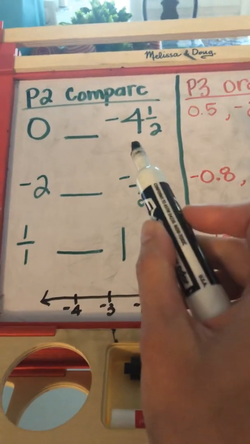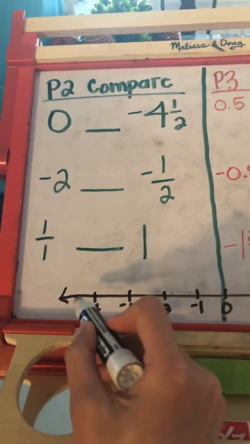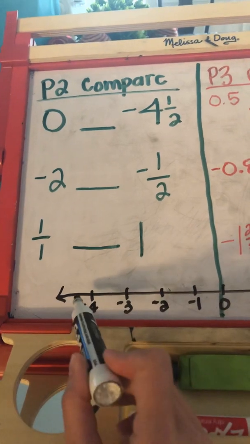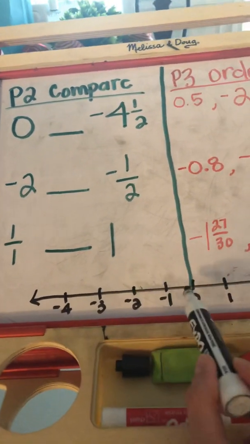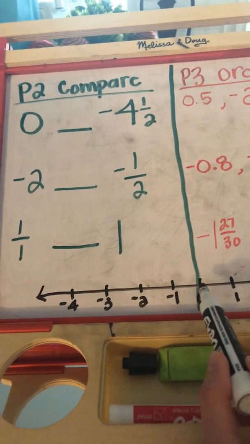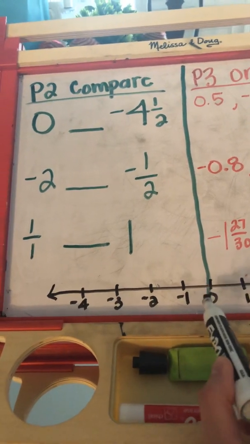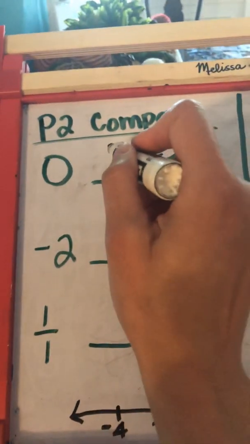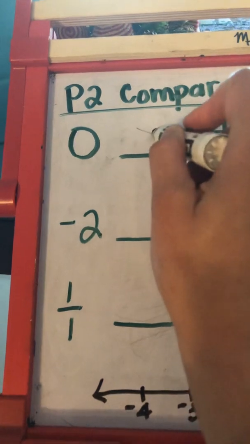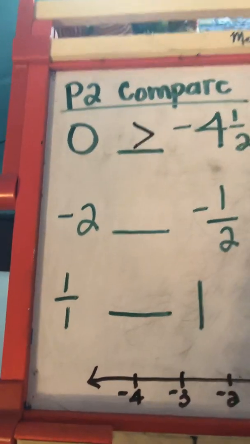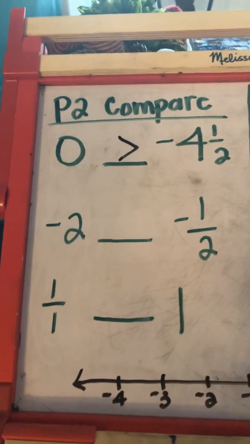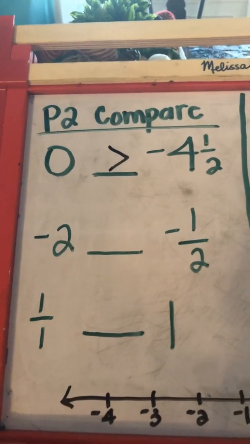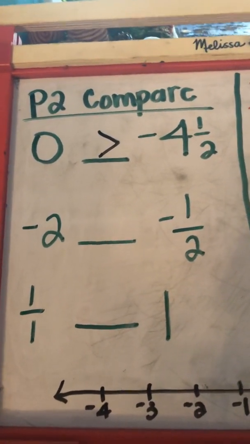So -4.5 would actually be past -4 right here, but it's going to be way over here, and 0's right here. So the number to the right is 0. So we know that 0 is not positive or negative, it's a neutral number, but it is greater than any negative number.